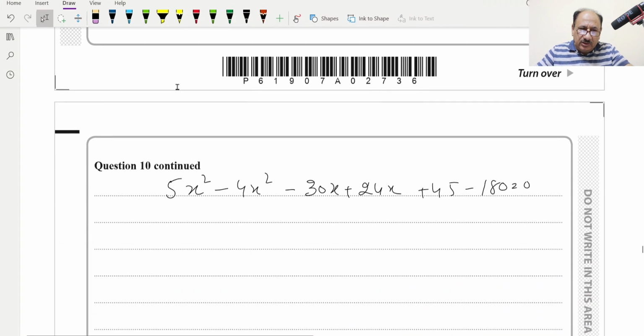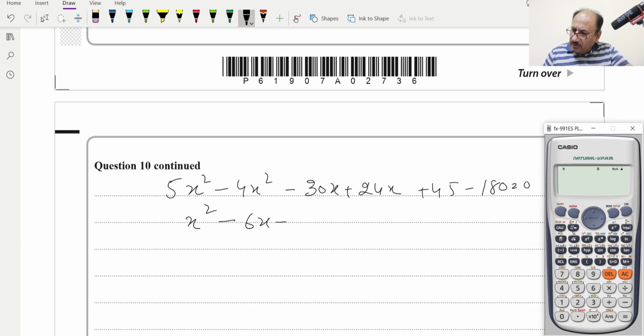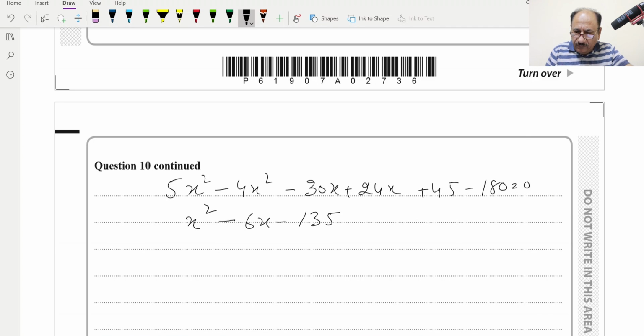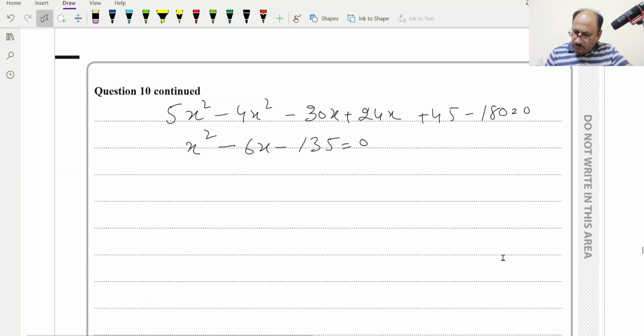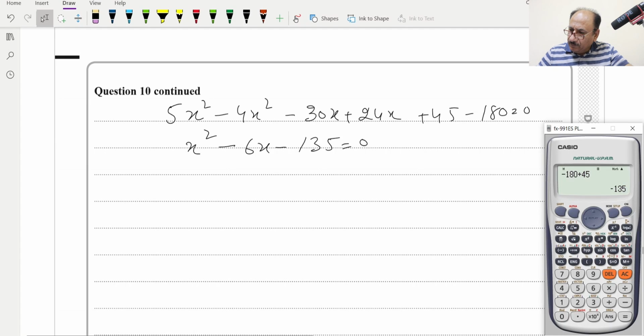So our quadratic equation will be what? This will be x squared minus 6x and, we will check, minus 180 plus 45 is equal to 135, so minus 135 is equal to 0. Further, now this is basically the quadratic equation which we can solve with mode 5 3: coefficient of x squared is 1, coefficient of x is minus 6, and the constant value is minus 135.